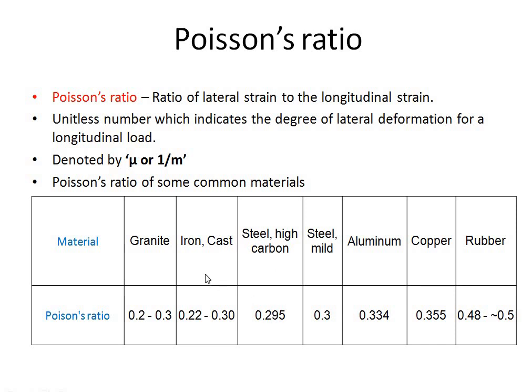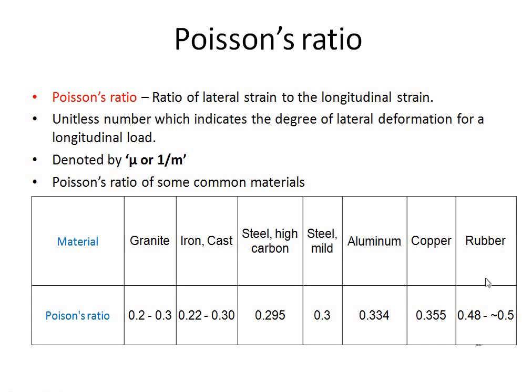Now steel is a little bit more ductile than cast iron, so it has a value of 0.295, which is higher than the lowest value of cast iron. Mild steel has again a higher value. Aluminum is more ductile than steel, so it has a higher value, around 0.334.